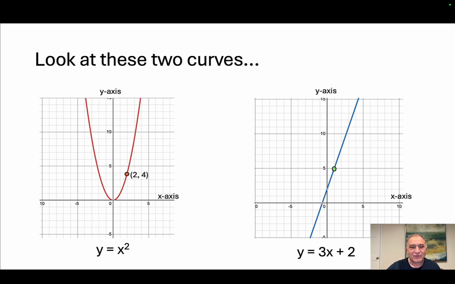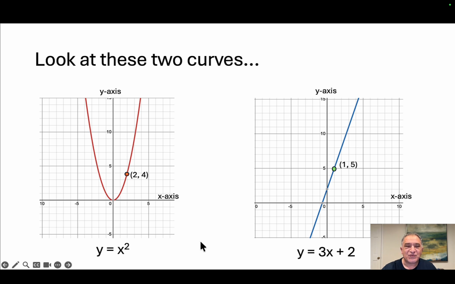Now, we can also put a couple of points on the graph, and if you follow the x-axis over from the origin to the number 2 and up to 4, you see that the coordinates for the red dot on this graph are x equals 2, y equals 4, and the green dot on the right is x equals 1, y equals 5.